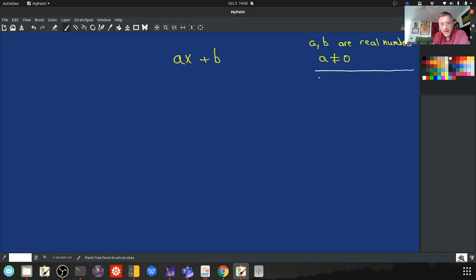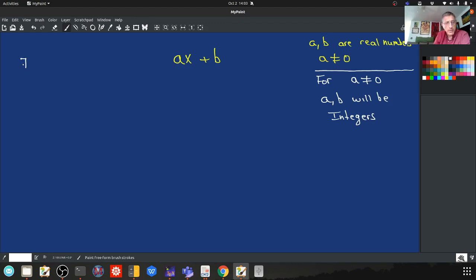For us, a, of course, is not going to be equal to 0, and a and b will be integers. Remember, integers are positive and negative whole numbers and 0.